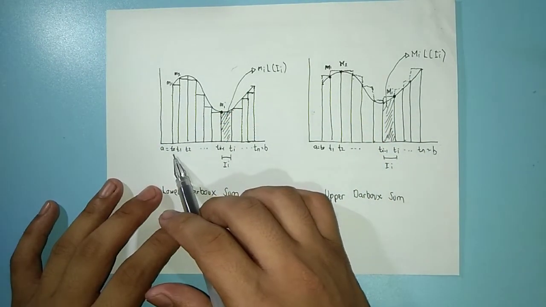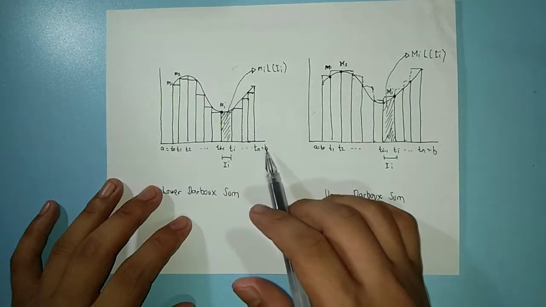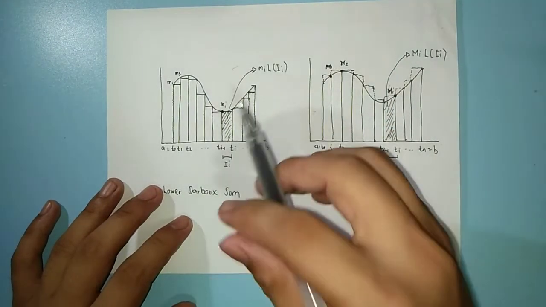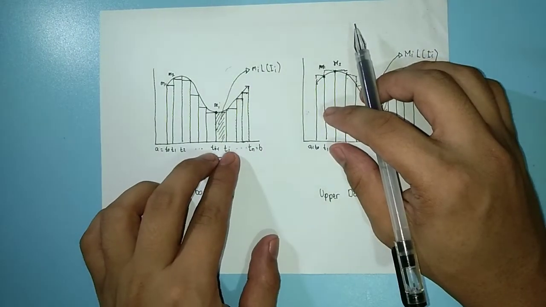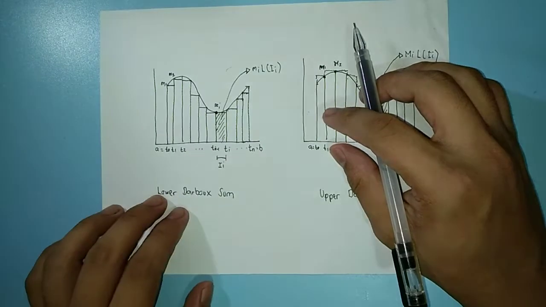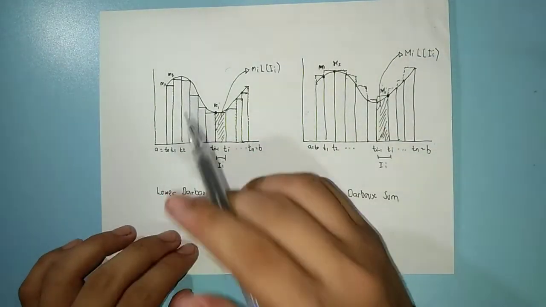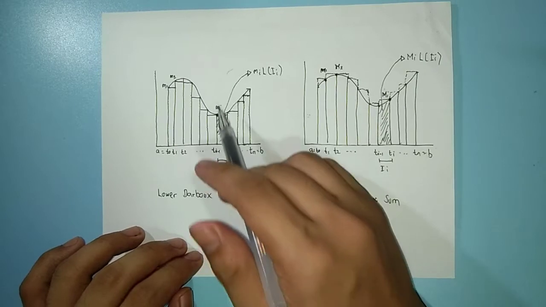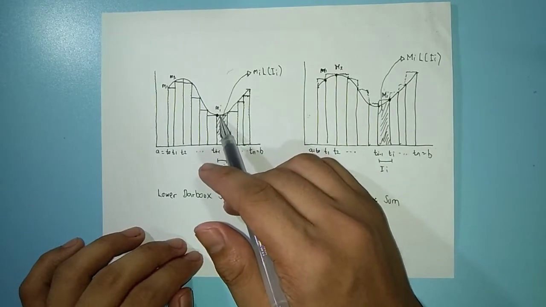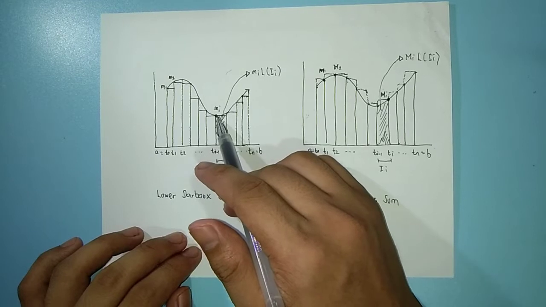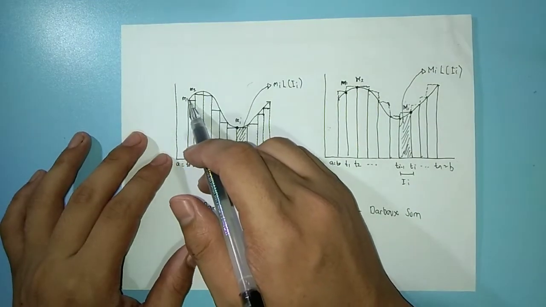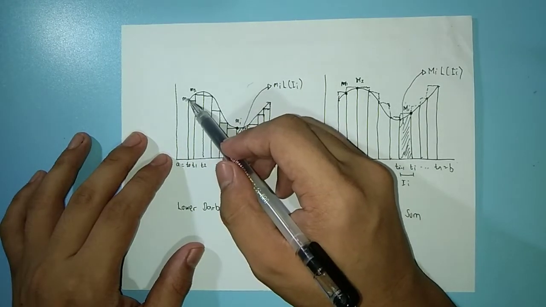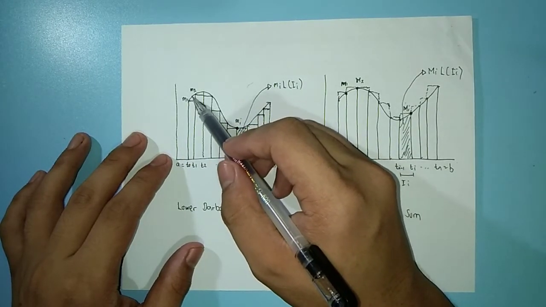Pinartition na natin siya, t sub 0, t sub 1, t sub 2, and so on, t sub n. Ang I sub i natin, yan yung interval na to, closed interval [t sub i minus 1, t sub i]. Tapos, yung sinasabi kong infimum ng I sub i, which is small m sub i, ito yon. Kumbaga siya yung pinakamababa dito sa interval na to. May pinakita ko ditong m sub 1. Ibig sabihin, dito sa values na to, ito yung infimum.